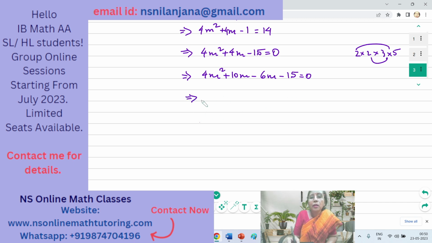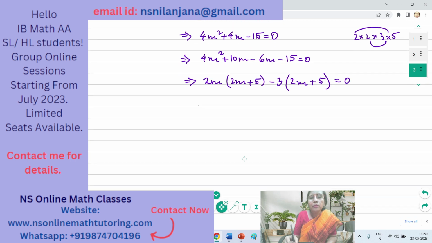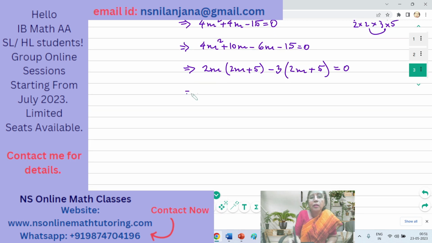I can take 2m common. It is 2m plus 5. And from here I am taking minus 3 common. It is 2m plus 5 equal to 0. Therefore, 2m plus 5 and 2m minus 3 is equal to 0.